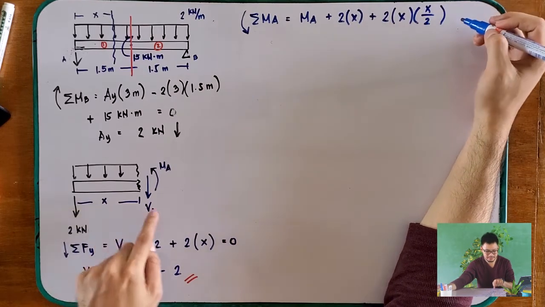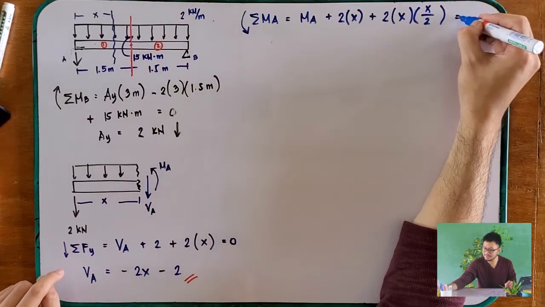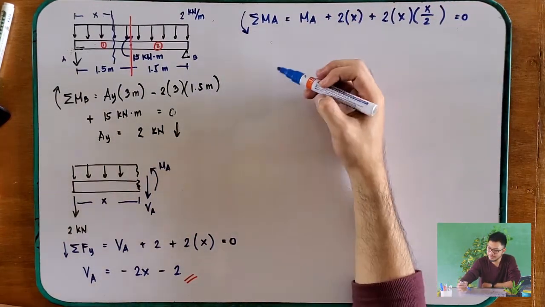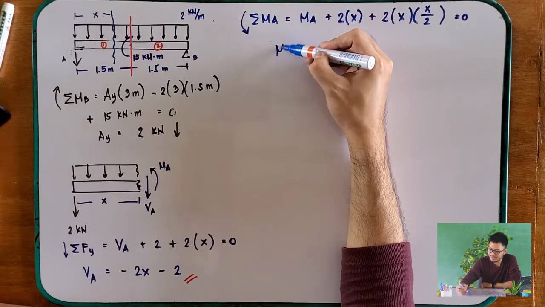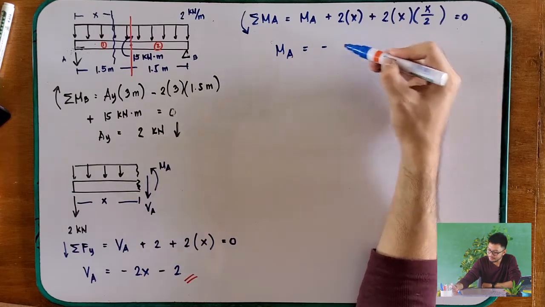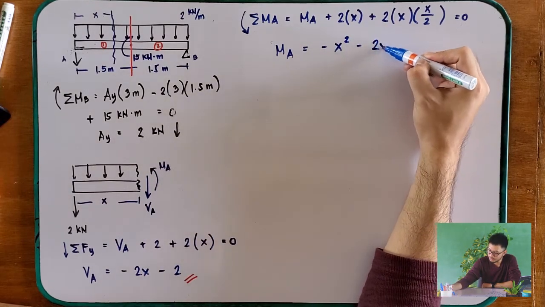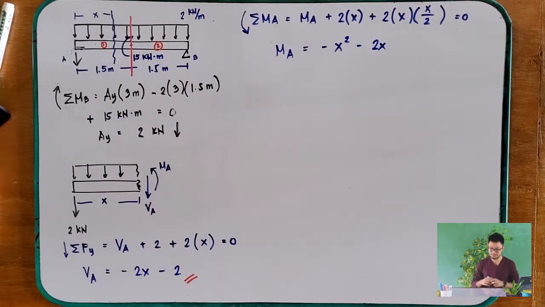Sakto? And then, napabatay lain, 1, 2, 3. And then, this is equal to 0. So, therefore, your MA is equal to negative x squared minus 2x. Okay? Gets?